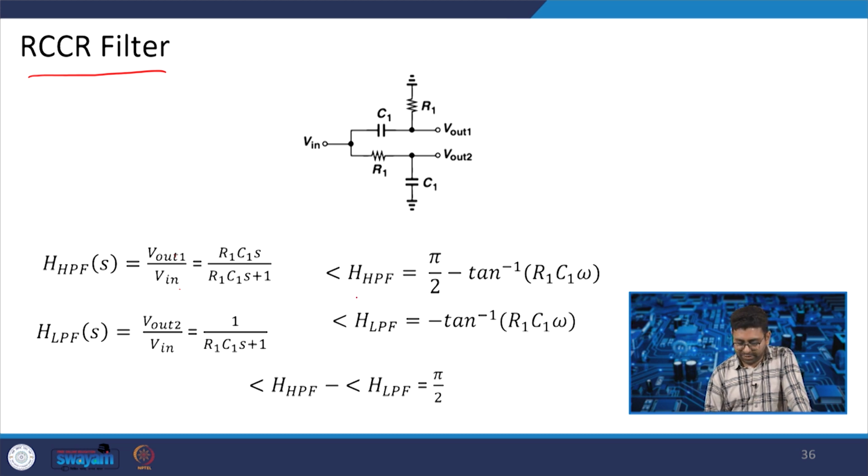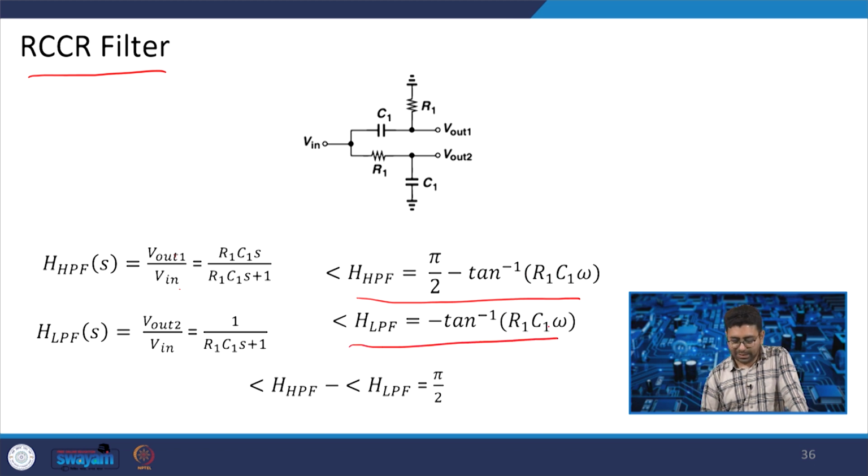The angle of the high pass filter is pi by 2 minus tan inverse R1C1 omega, and for the low pass filter the angle is minus tan inverse R1C1 omega. When you take the difference of the outputs, output 1 minus output 2, you will get a 90-degree phase shift.